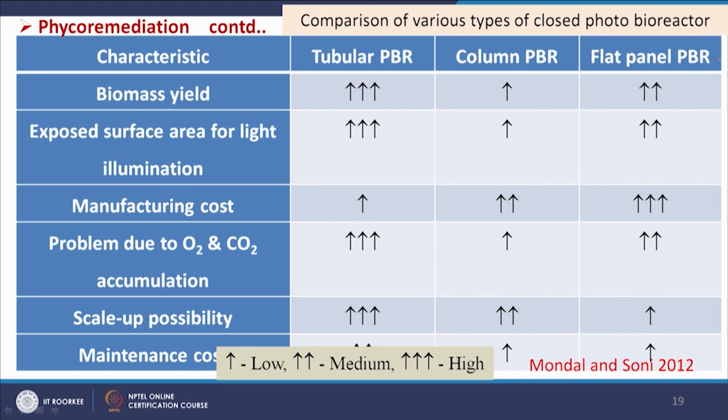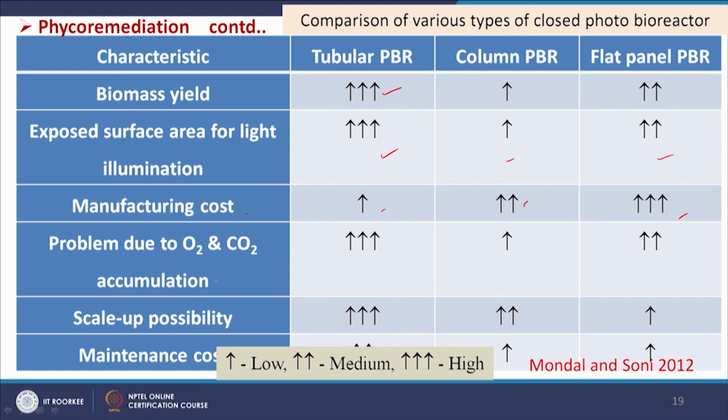Now, we will compare different closed photobioreactors, like tubular photobioreactor, column photobioreactor and flat panel photobioreactor. Here we will see that biomass yield is maximum in case of tubular PBR, followed by flat panel and then column PBR. The exposed surface area for light illumination is maximum in tubular, followed by flat panel and column PBR. Manufacturing cost is maximum in flat panel PBR, followed by column and then tubular PBR.